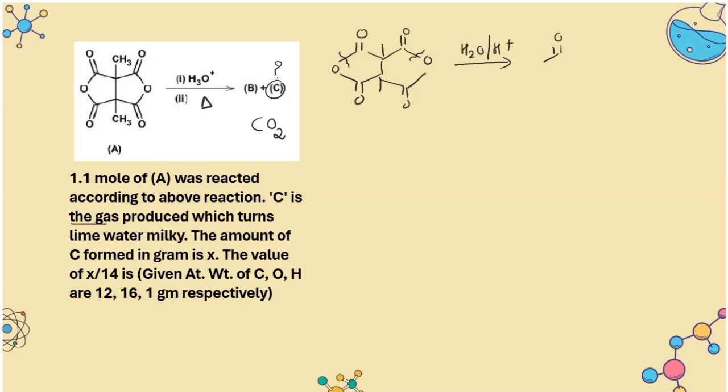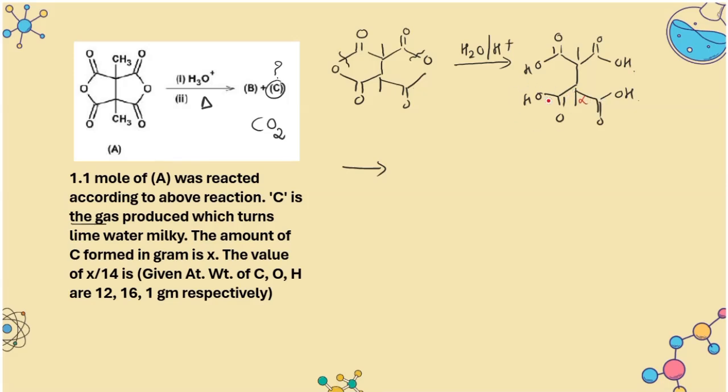You should remember that whenever an anhydride is treated with water in acidic medium, it's going to form a carboxylic acid. Since it is a cyclic anhydride on both sides, you're going to get a tetra acid like this. Also observe here, this is the alpha carbon.